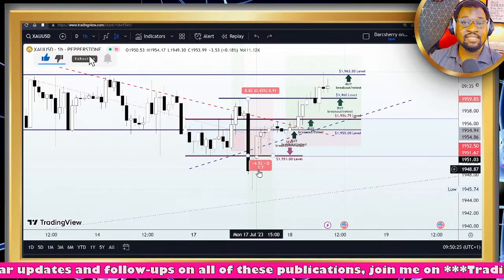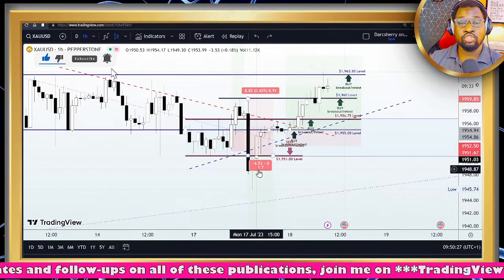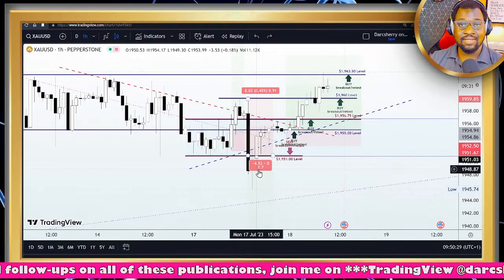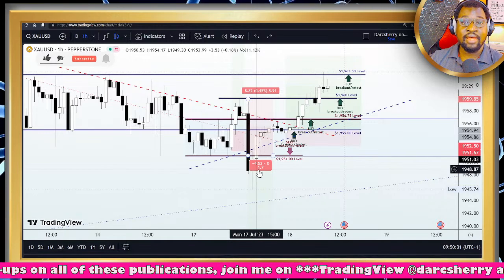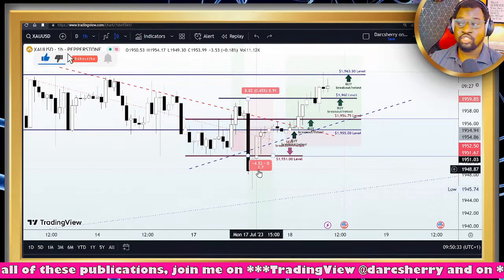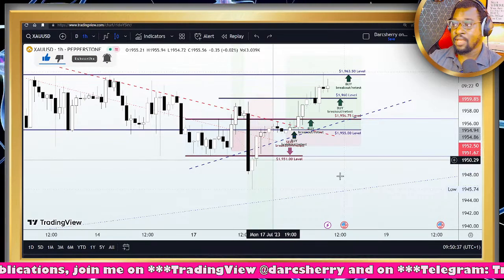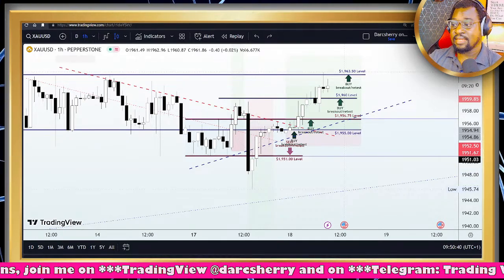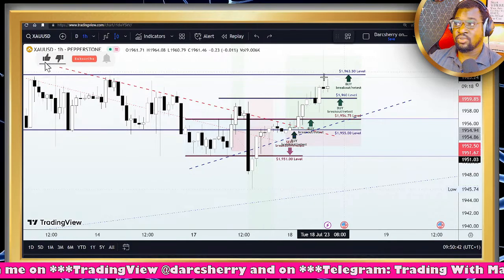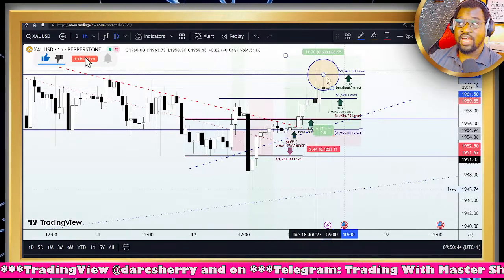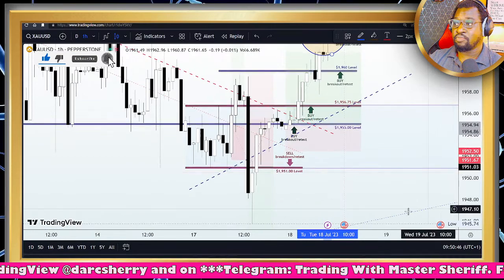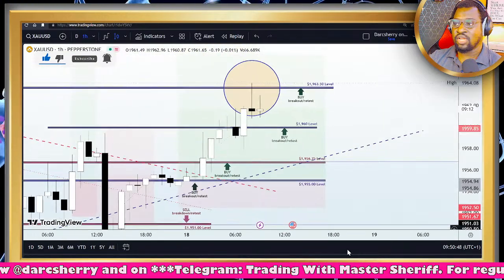This ascending trend line will also help us place our stop loss at an appropriate area so that we can give room for price action to breathe. Going into the London and New York session today, there is a tendency that price could do some retracement. As you can see in the last couple of hours, we have been noticing some selling pressure. Let me zoom this in a little bit so that we can see.